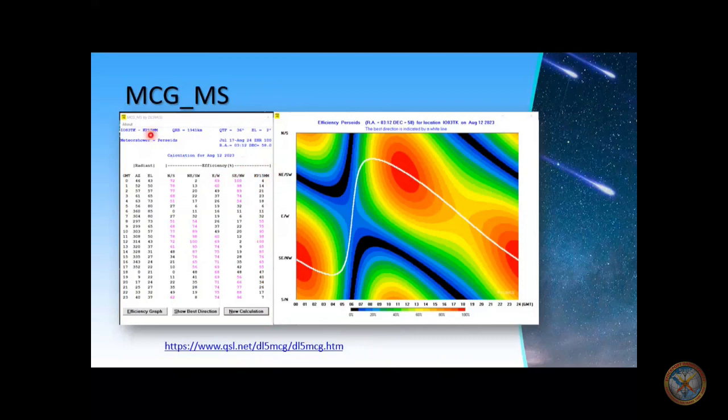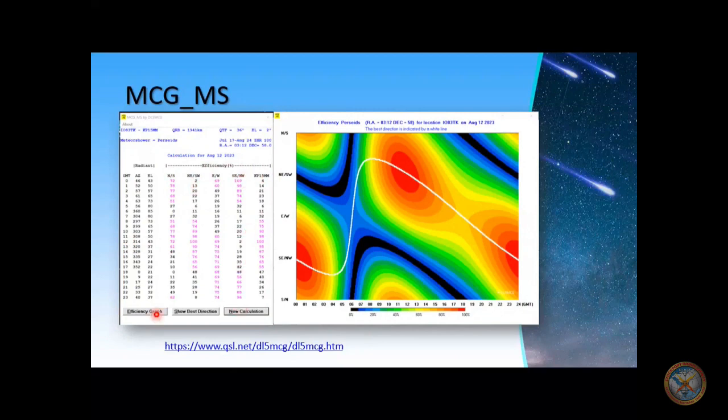and it's the Perseids as well. Around noon, 12 UTC would be 100% efficiency, so that would be the best time to try a contact into that direction. It also shows you north, south, east, west, and northeast, southwest, southeast, northwest directions.